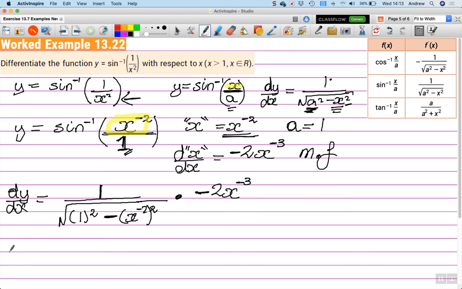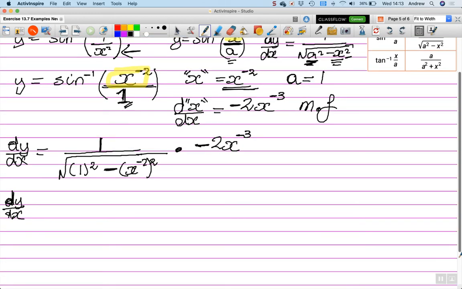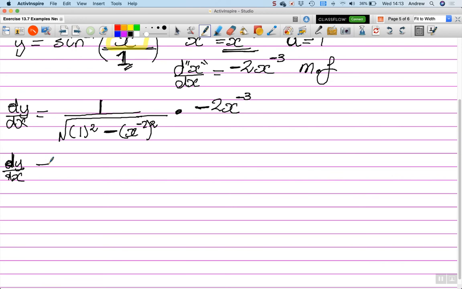So we've got dy dx is equal to 1 on the square root.